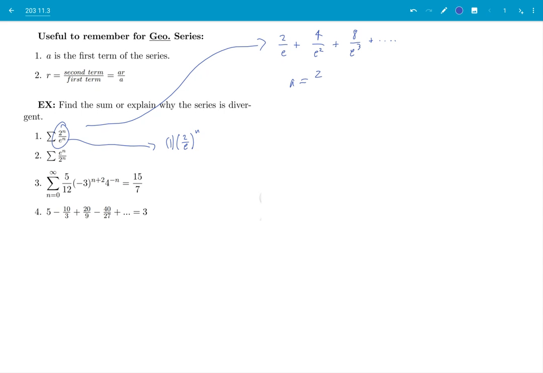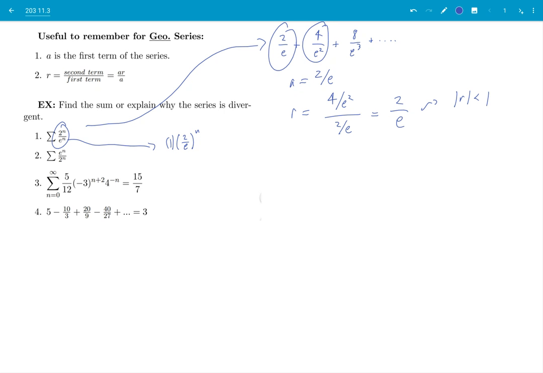So a is going to be the first term, 2 over e, and r, I think the easiest way to find r is to take the second term divided by the first term. And then I get 2 over e, which I probably already saw over here. Now 2 over e is, in absolute value, less than 1.